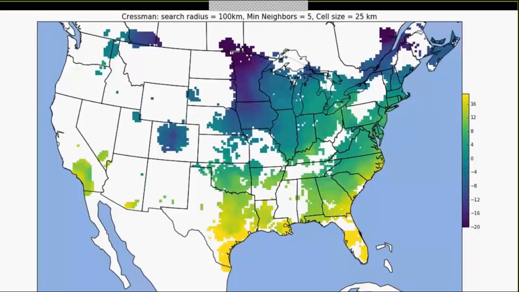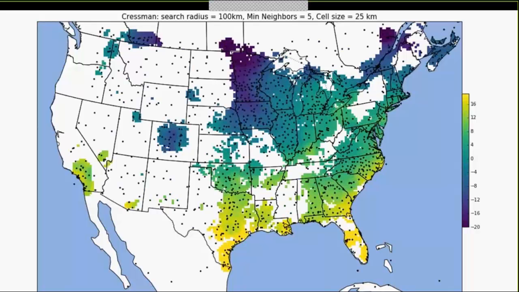If we increase our minimum neighbors up to 5, you have to have 5 neighbors within 100 kilometers of your grid cell, and we see the areas that are more dense are the ones getting plotted. You wouldn't suggest someone do this, but it shows that if you change the minimum number of neighbors required to do the calculation, you're going to get different results.